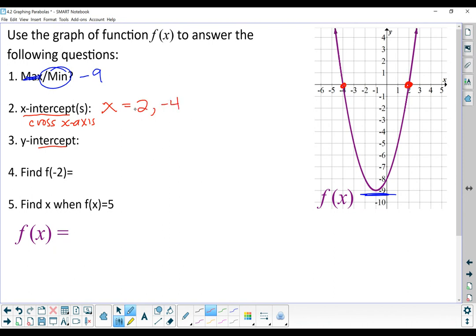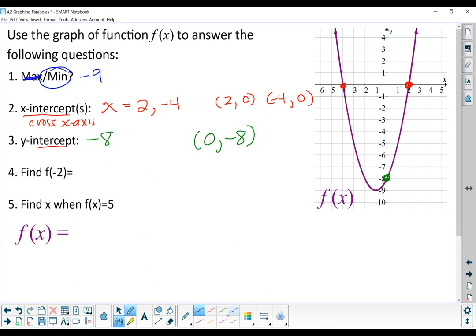And it's fine if you list those as numbers like that, or if you really want to, you can list them as points like this. It's your choice. The y-intercept would be down on the y-axis. And so this one has a y-intercept over here of negative 8. Or again, you could write it in a point form.